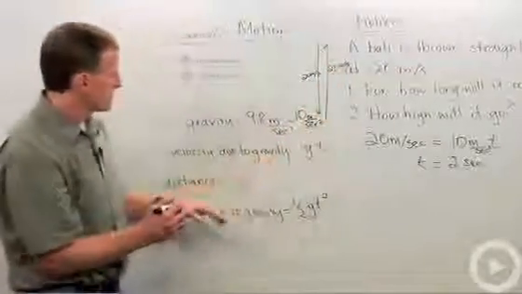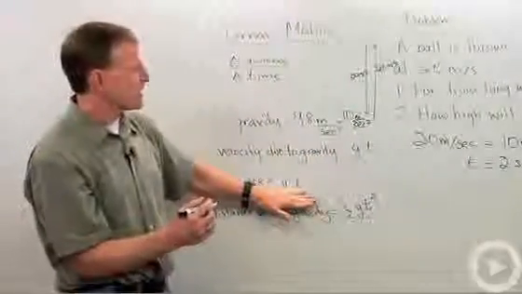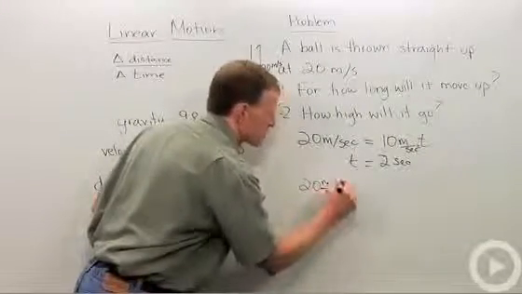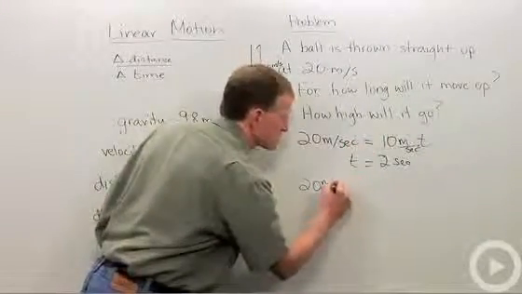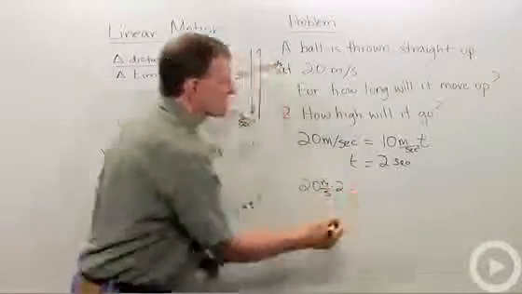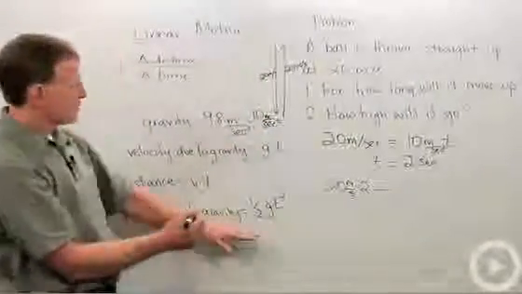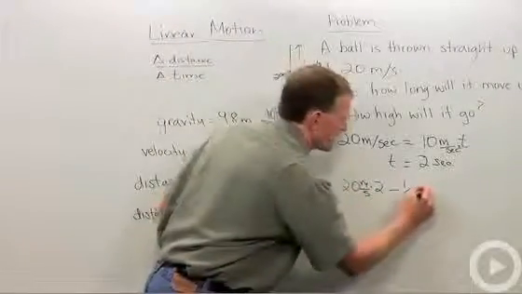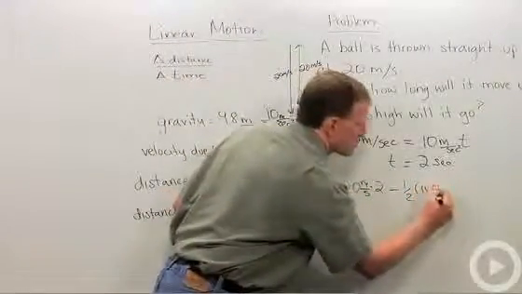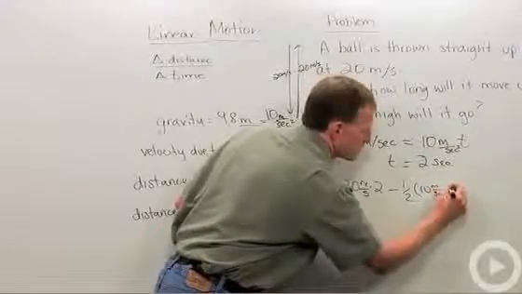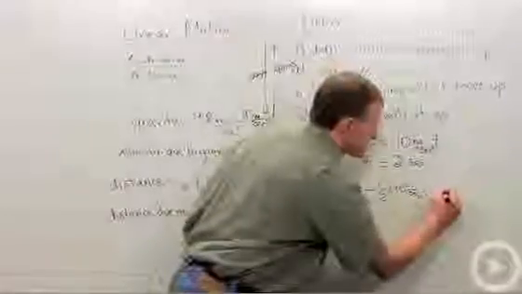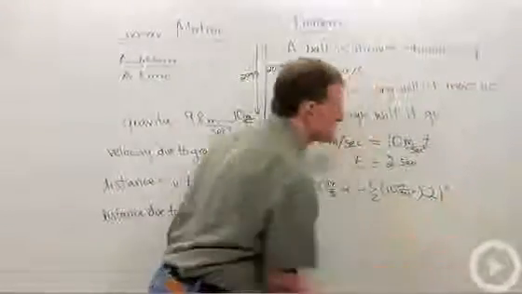Okay? So let's go ahead and calculate that. Velocity times time is 20 meters per second times 2 seconds. Okay? And minus gravity pulling it down, and again the distance due to gravity is 1/2 times 10 meters per second squared, that's the force of gravity, times time squared, which is 2 times 2.